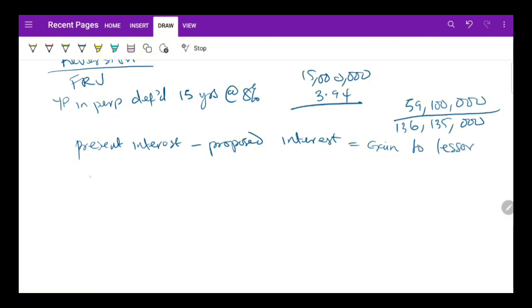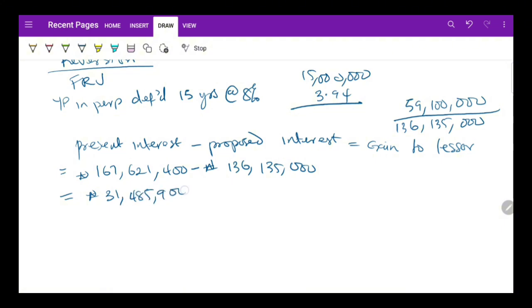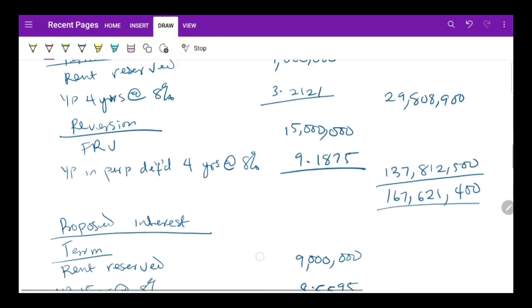All right, which is equal to 167,621,400 minus 136,135,000, and that gives us 31,485,900. So this is what the premium should be from the lessor's viewpoint, and this is what the premium should be from the lessee's viewpoint.